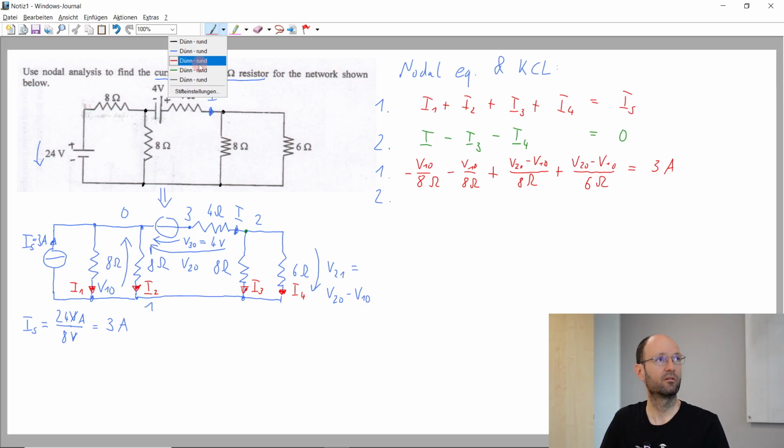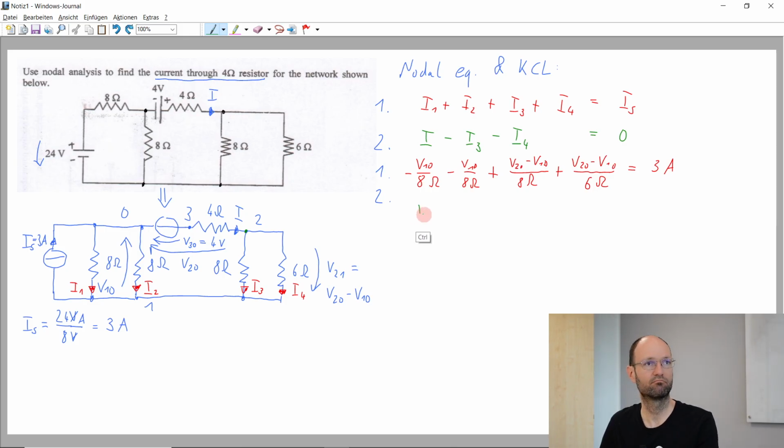And for the second equation, this current I is still unknown.